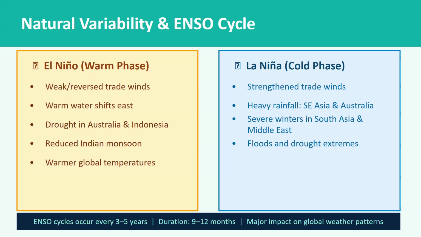The La Nina component, which is the cold phase, has strengthened trade winds, and heavy rainfall occurs in southeastern Asia and Australia, and severe winters occur in South Asia and the Middle East. Floods and drought extremes can occur. This ENSO cycle occurs every 3 to 5 years, the duration is 9 to 12 months, and it has a major impact on global weather patterns.